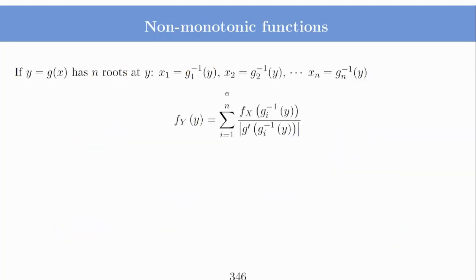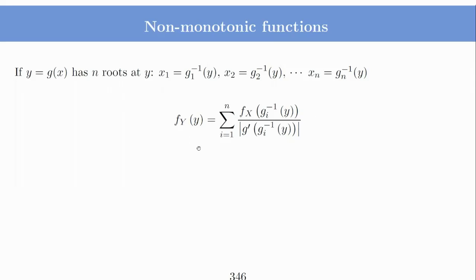So what we get is, if there are n roots at y, we also have to remember that depending on the value of y, there can be one root, two roots, and if you change y, the number of roots can also change. So in that case, I'll take all the roots. The first one is g1 inverse y, the second is g2 inverse y. These are all different roots.